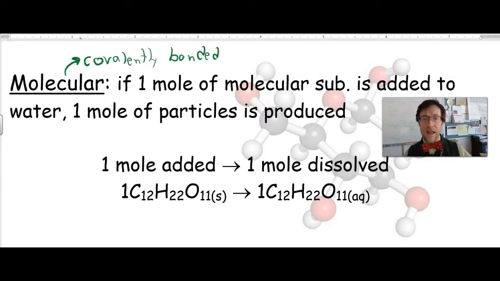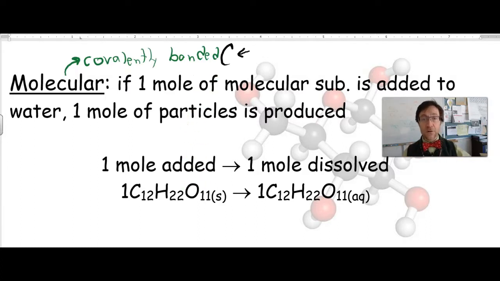And anytime you see something covalently bonded, there is one element you need to be aware of, and that is carbon. Got it? If it's a carbon-based thing, it's going to be molecular. Things that are molecular don't break apart when they get dissolved. They all stay together. The reason molecular things dissolve is because they have polar bits and pieces, but the molecule itself will not break apart.